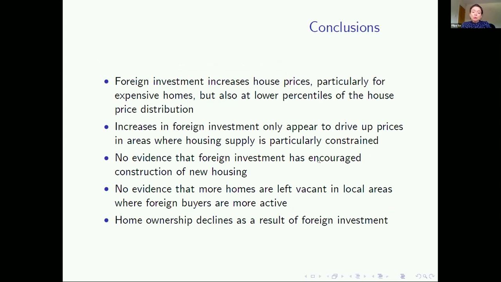So just to conclude, I see that foreign investment increases house prices, particularly for more expensive homes, but also at lower percentiles of the house price distribution. And I see that this effect is stronger in areas where housing supply is more constrained. There's no significant effect on the construction of new housing or homes being left vacant, but there is a significant and negative effect on home ownership.